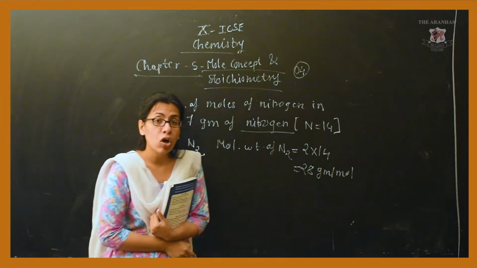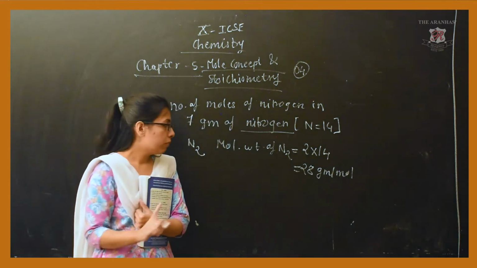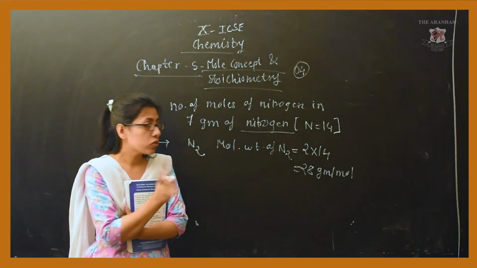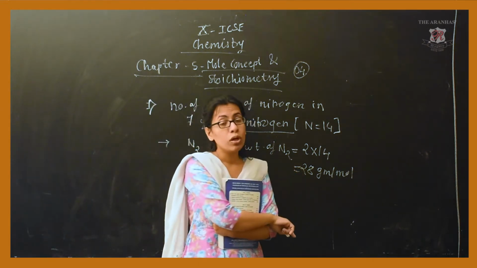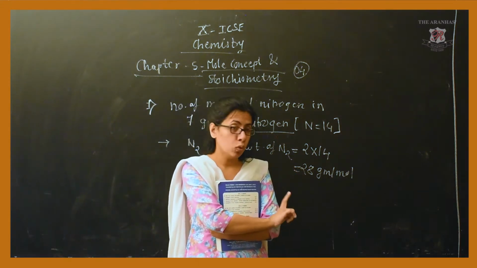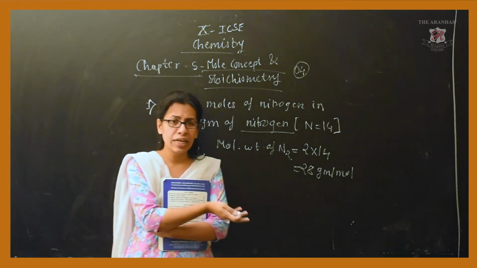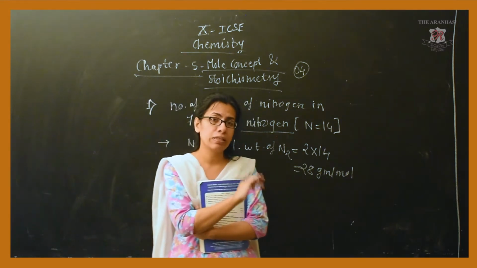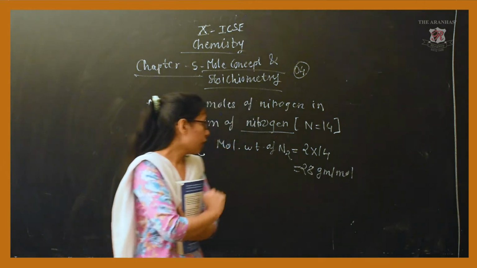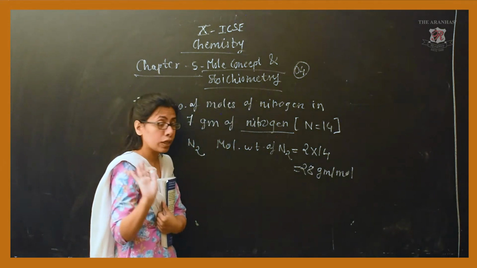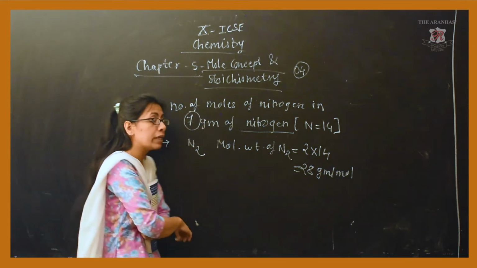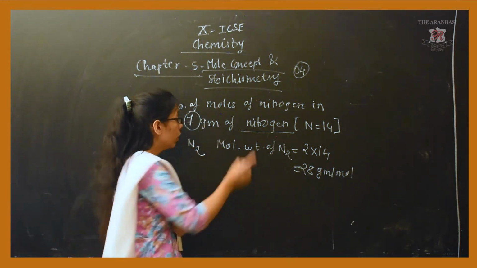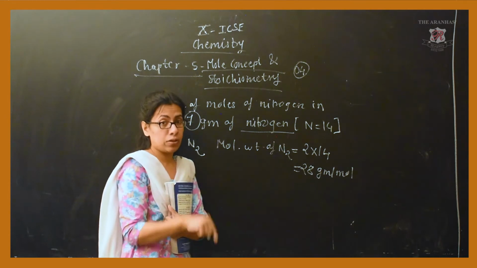Fine, so we got the first step. We got the molecular weight of diatomic nitrogen equal to 28 grams per mole. You can also say grams, understood that it is present per mole. Now, this is the molecular weight. What they have asked us is how many moles of nitrogen will be present in 7 grams?